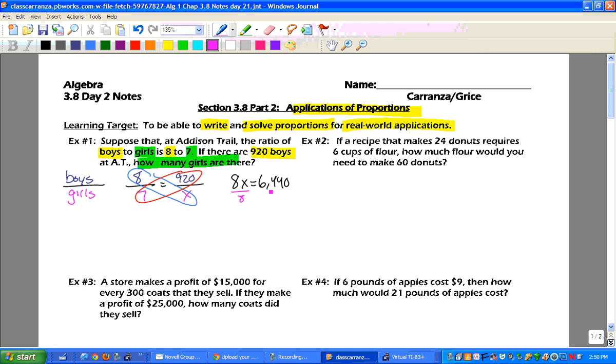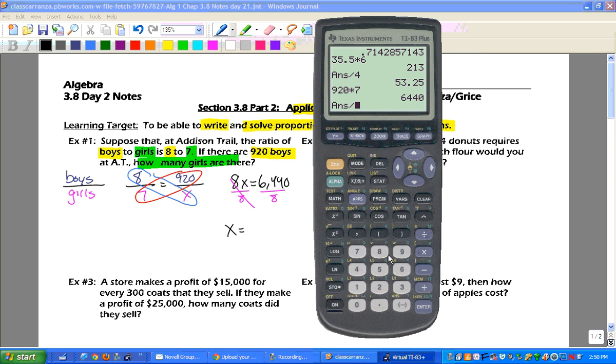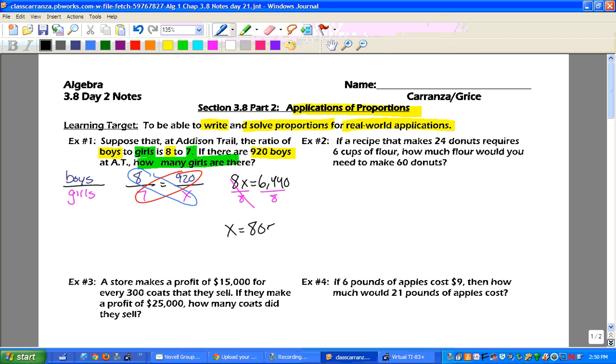Okay, and then to solve for x, divide both sides by 8, and we get x equals 805. And now that's 805 girls. Make sure to label.